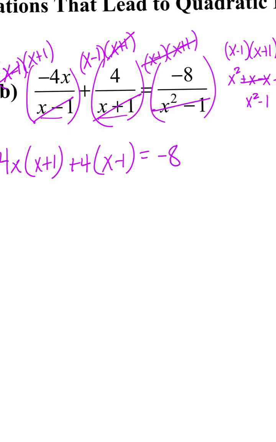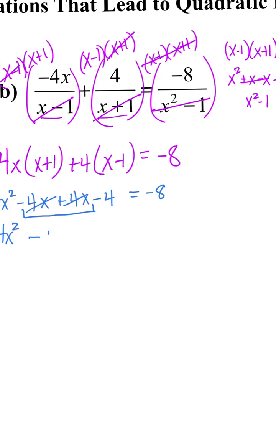So go through and do your distributing. Negative 4x times x is negative 4x squared. Negative 4x times 1 is negative 4x, plus 4x minus 4 equals negative 8. So negative 4x squared. These two like terms are opposites of each other, so they cancel out.